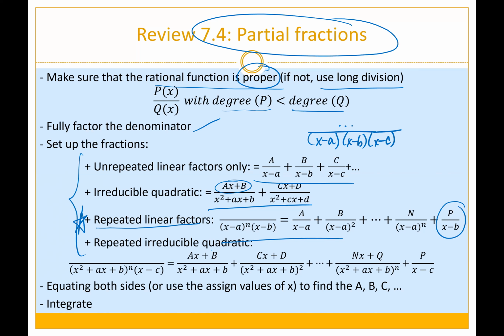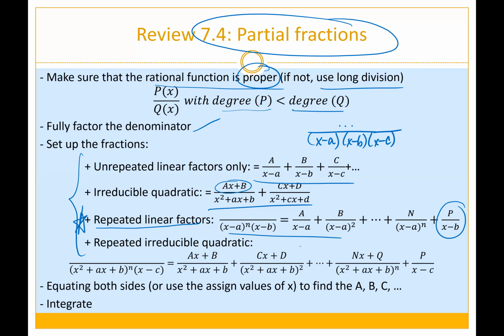So this is a thing to note. Similarly, if you do the repeated irreducible quadratic, note that even though you have x squared plus ax plus b to the n, the numerator doesn't really change with that power. So say here you have ax plus b over x squared plus ax plus b. The next one is still cx plus d.